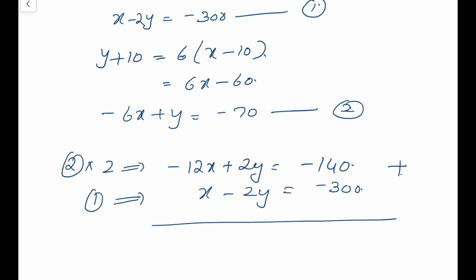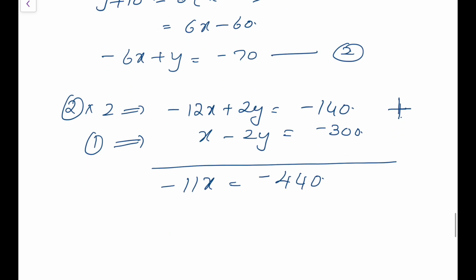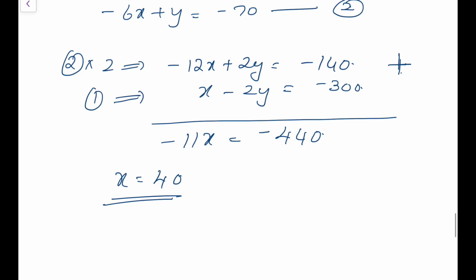Now we will add. Put a symbol here so that you understand it. So adding the two equations, because minus 2Y and plus 2Y are opposite symbols, you have to add. So minus 12X plus X will be minus 11X equal to minus 440. So from this you will get X is equal to 40.